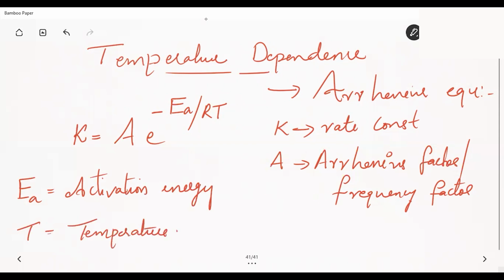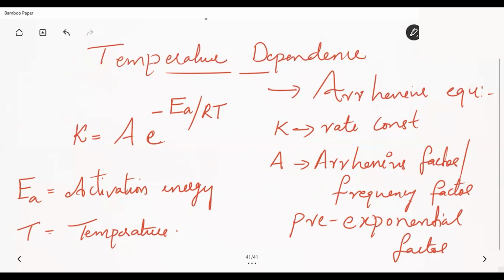And this A, the Arrhenius factor or frequency factor, is before the exponential, right? So we can also call it the pre-exponential factor. So you must know the terms related to this equation. Rate constant is equal to A e raised to minus Ea by RT. Ea is the activation energy.